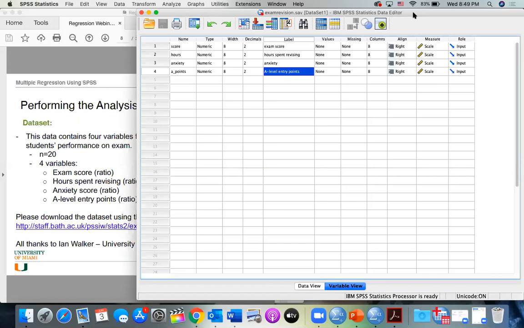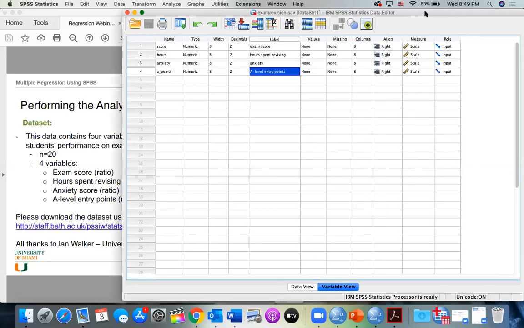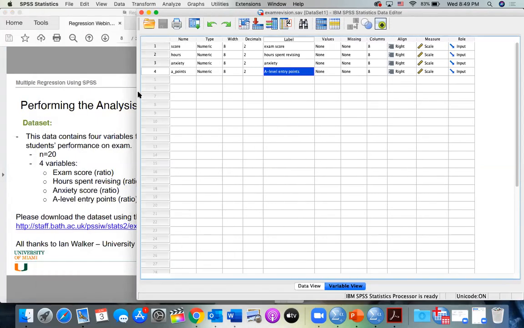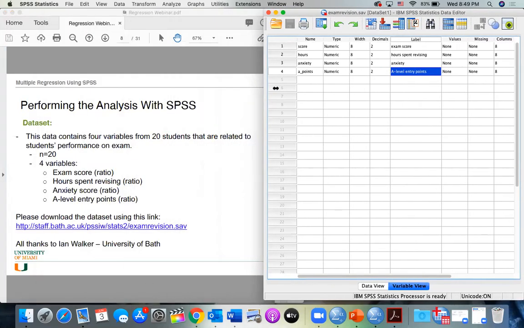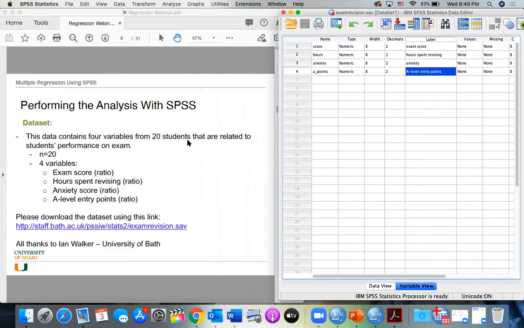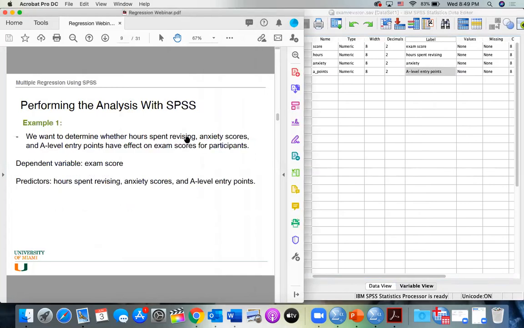I think this is all I want to say about the data set. So in this example, we want to determine whether hours spent revising, anxiety scores, and A-level entry points have any effect on exam scores.